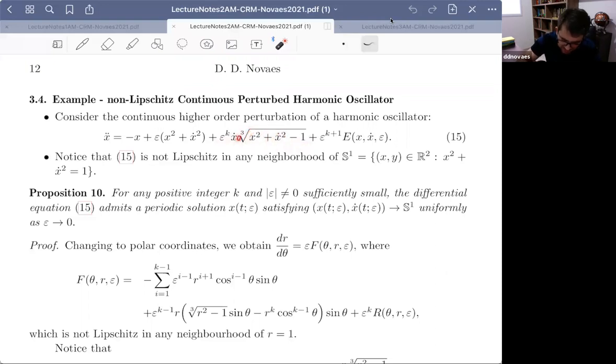So note that this function is not locally Lipschitz in any neighborhood of S^1, this circle, because here we have the cubic root of this function. So it's not Lipschitz in any neighborhood of S^1. And plus the remainder, higher order terms in epsilon.